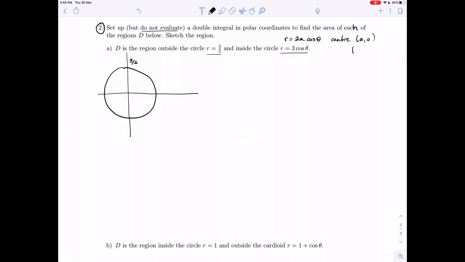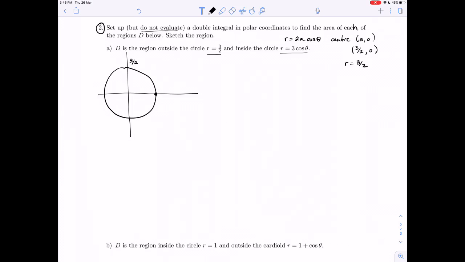So our a is 3/2, and the center is at (3/2, 0), and the radius is also a. The radius is 3/2. Which means if we're going on the original circle, here is the center of the second circle.